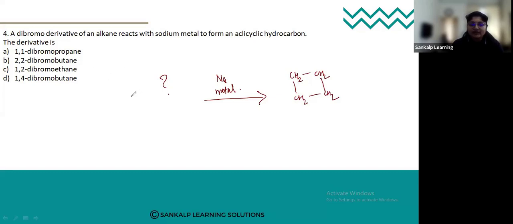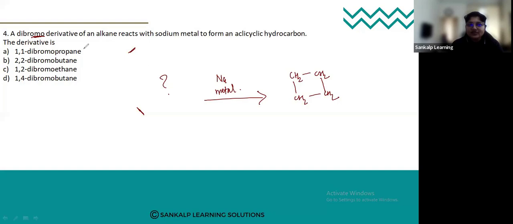So if I have a compound to form a ring, the dibromo groups should be at the corners, so that it will eliminate and form a cyclic compound.